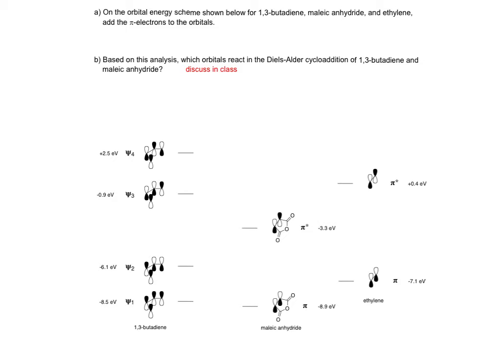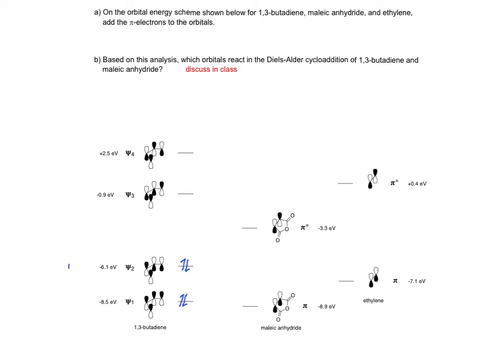For 1,3-butadiene, we will account for the two electron alkenes. So two electrons fill the lower energy orbital psi-1, and two more electrons for psi-2.